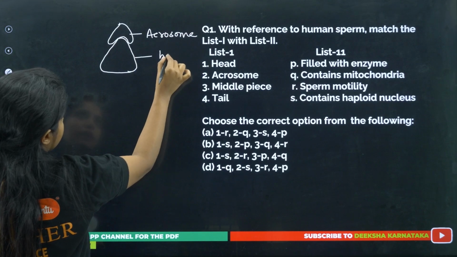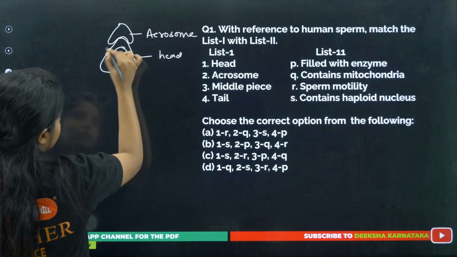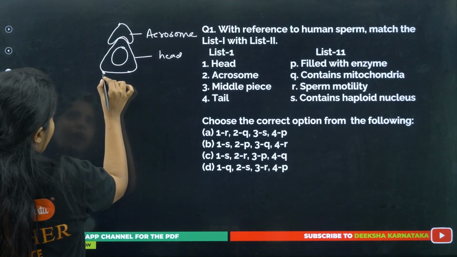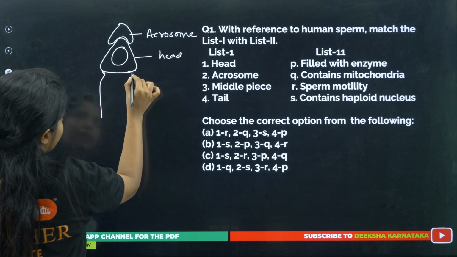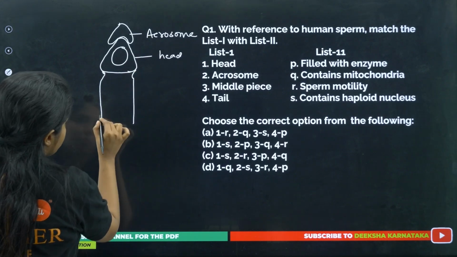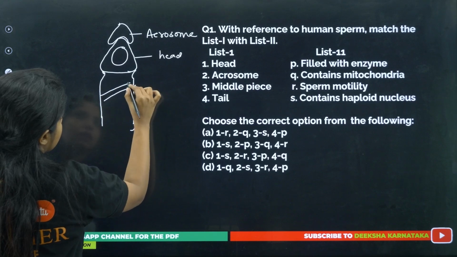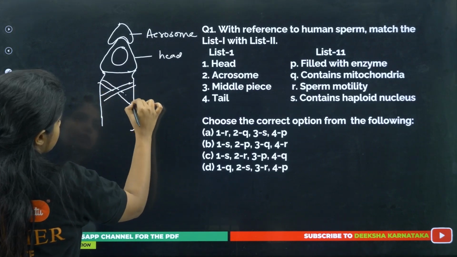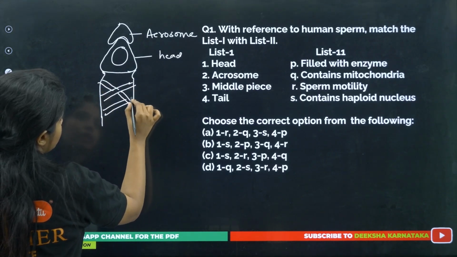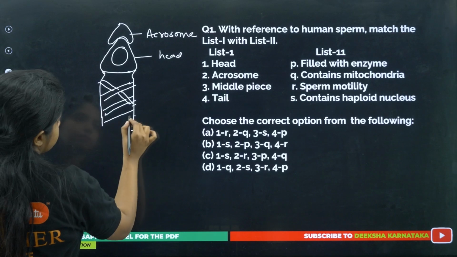This is the head region, where your nucleus and everything is there, and then you have a neck region like this, then you have a middle piece, and the middle piece has strands of mitochondria, my dear children.